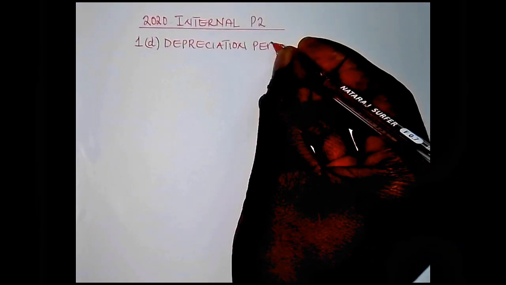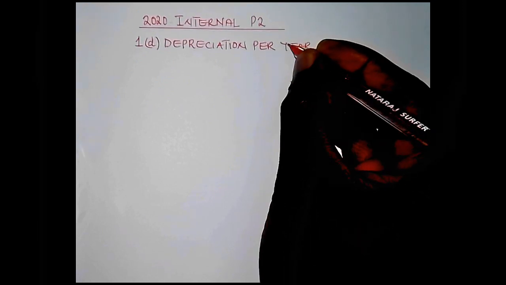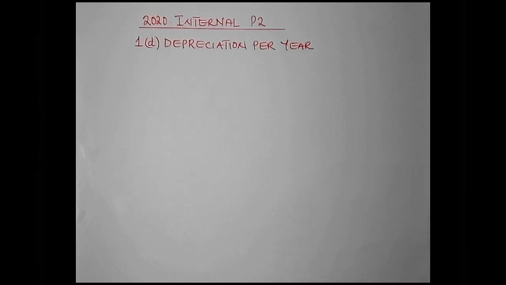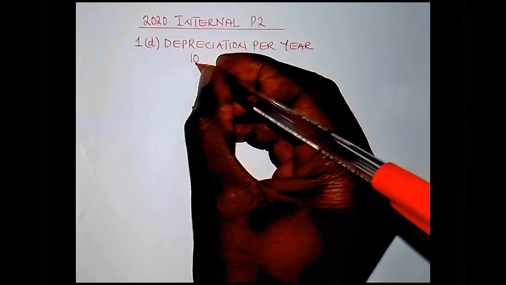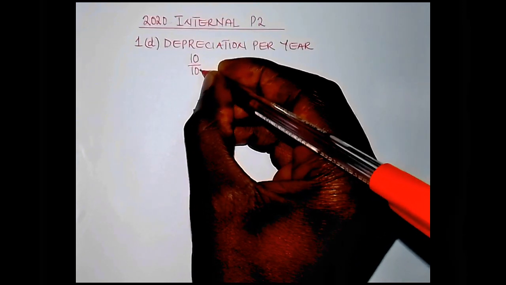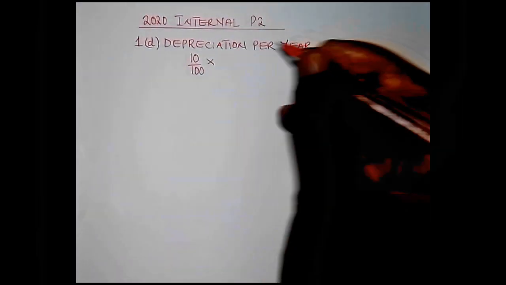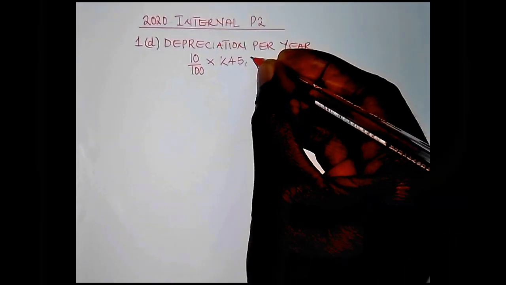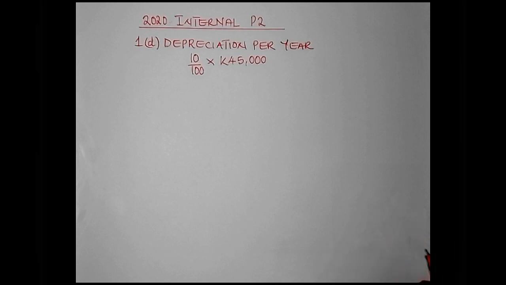Depreciation per year will be 10% of the original cost. 10 over 100 of the original cost, meaning multiply by 45,000. So what is 10% of 45,000?